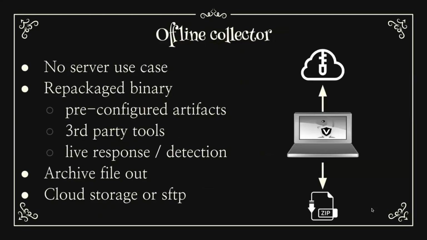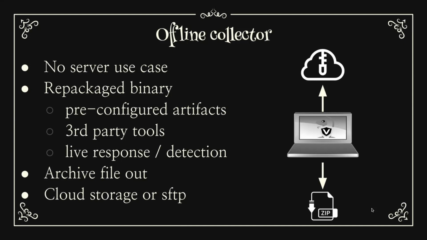So the second main use case I wanted to share that can be DFIR-orientated is the offline collector. Now, a typical offline collection use case would be a live response collection where you give someone a binary, they run it, and then it would just collect all of their live response items. It can also be used from a detection standpoint. So I've configured an offline collector with a bunch of IOCs and then given it to a customer as a scanning tool, and that worked really well.